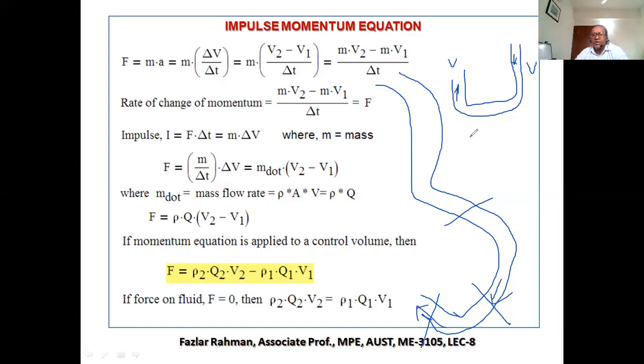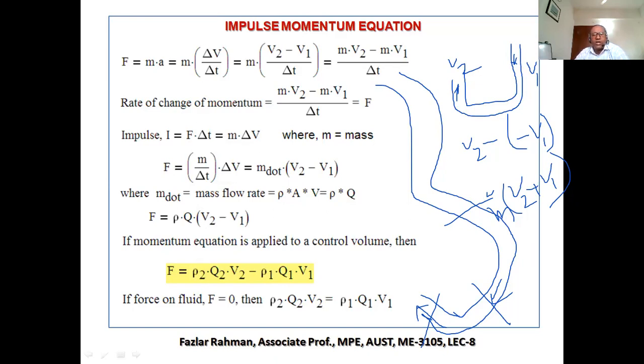If this one is V1, this is V2, then V2 minus V1, because this is vector summation. So ultimately you are getting V2 plus V1 into mass flow rate. That is the force the fluid will put on the pipe and pipe support. So that's why you need to figure out the amount of force due to change of velocity, or due to change of momentum of the fluid.